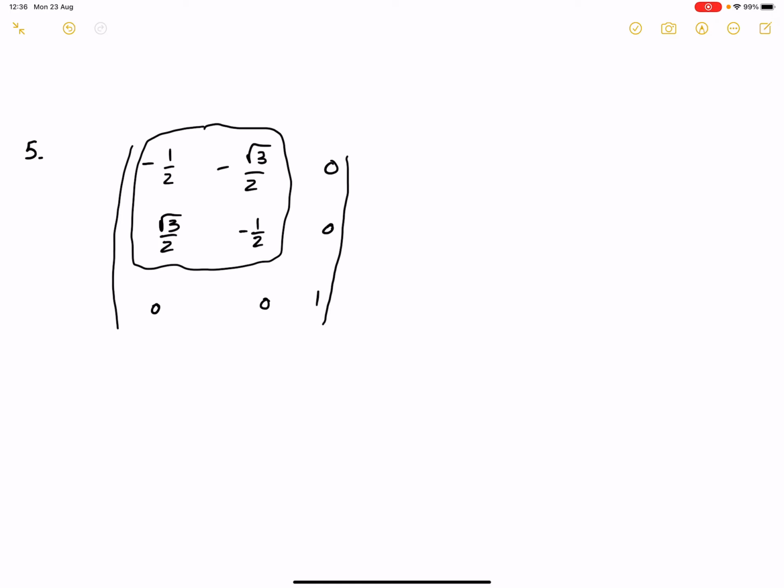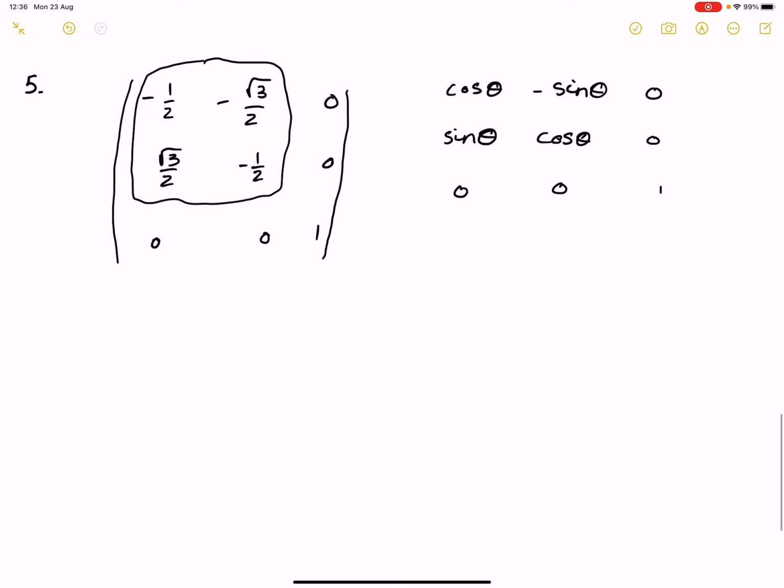And so the one for the z-axis is cos theta, minus sine theta, 0; sine theta, cos theta, 0; 0, 0, 1. So therefore we can equate, I'm going to do sine theta equating with root 3 over 2.